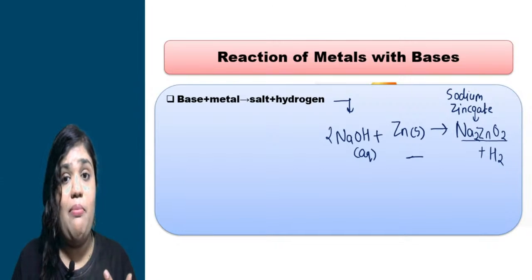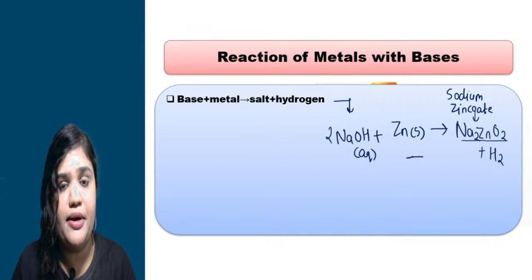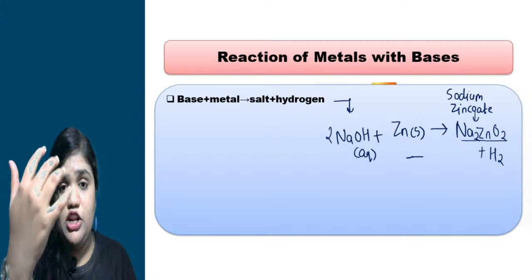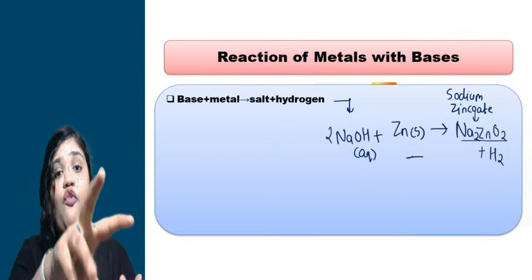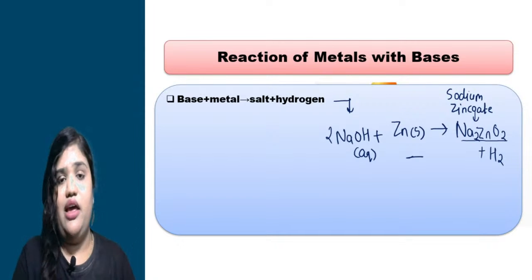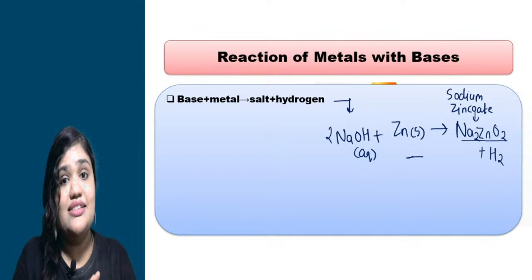We have studied the reactivity series. Why is the reactivity series very important, everybody? Because in a single displacement reaction, we will use the reactivity series to find out the product. So we have discussed lots of things in this particular session.